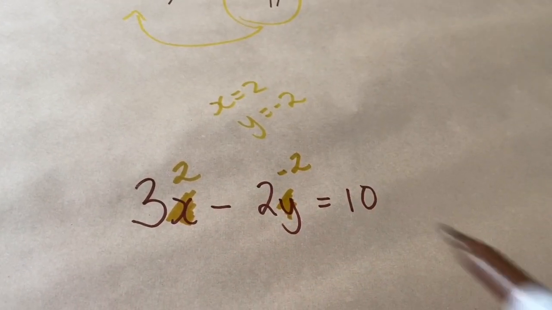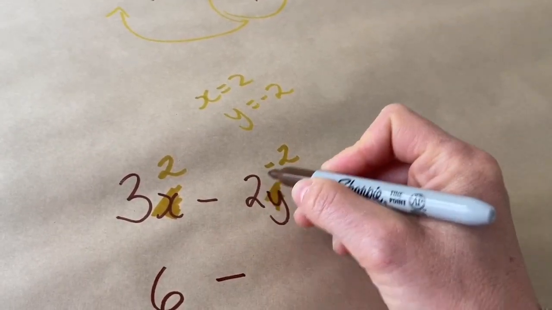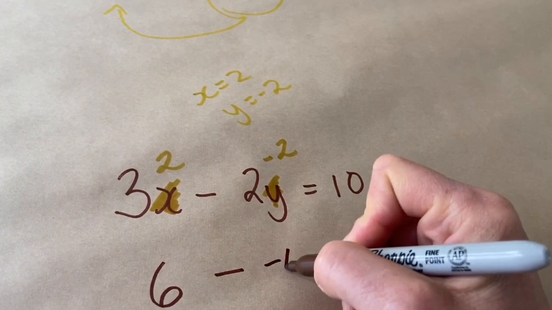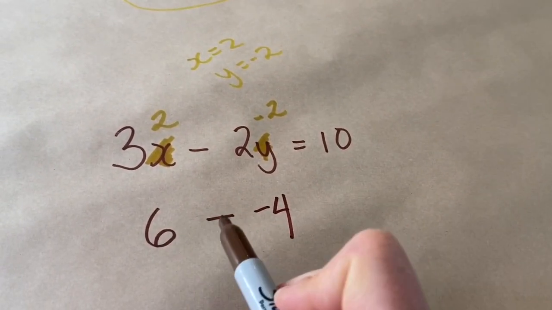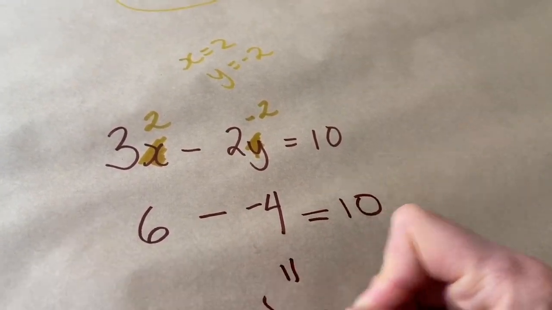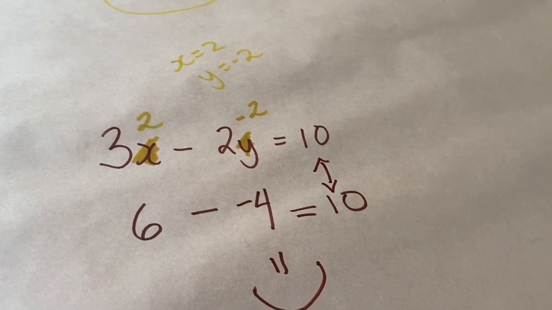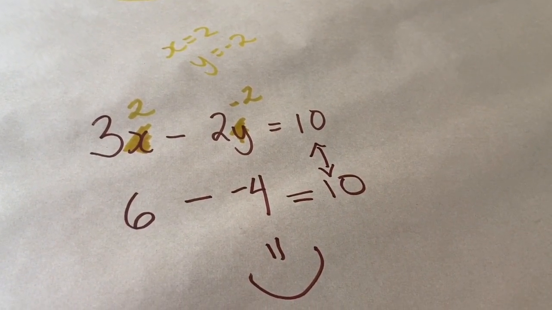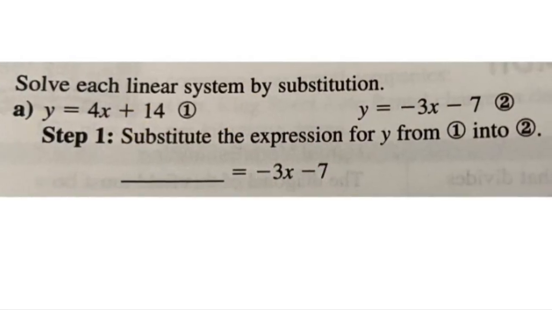And that means I have 3 times 2 gives me 6, minus 2 times negative 2 is going to be negative 4. And if I, with my calculator, did 6 subtract negative 4, that would be equal to 10. And since the equation works, these two answers are the same, then we know the substitution we just did was correct. So let's try this second example together.